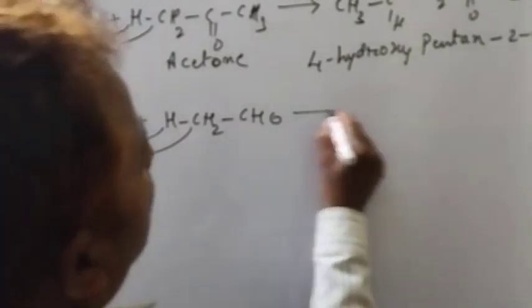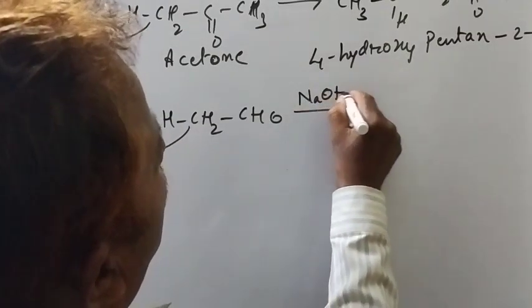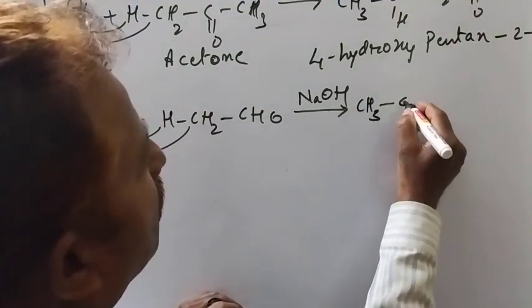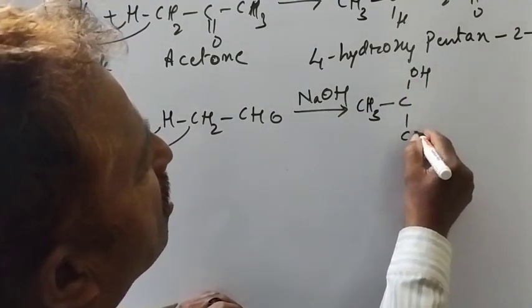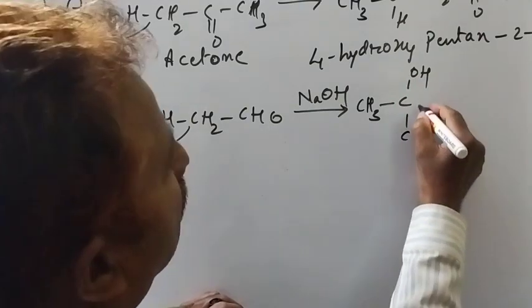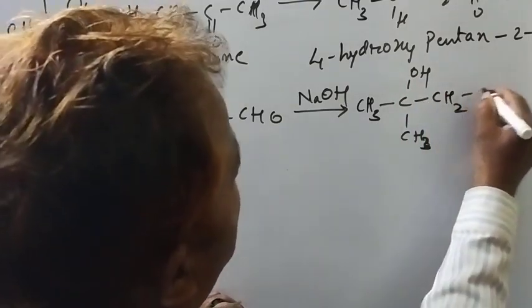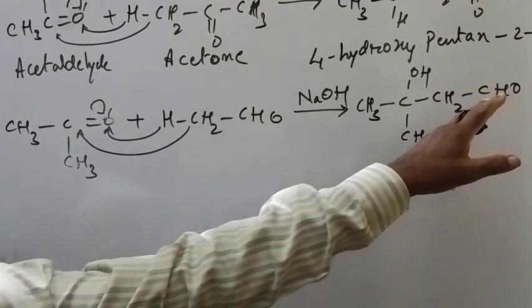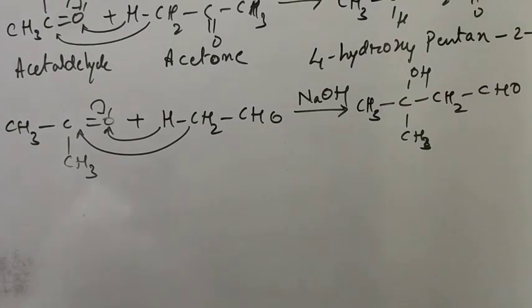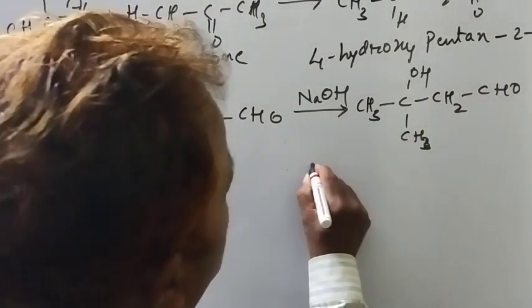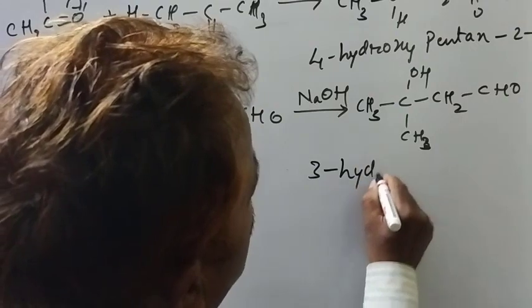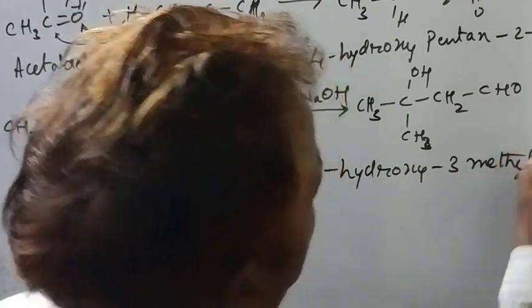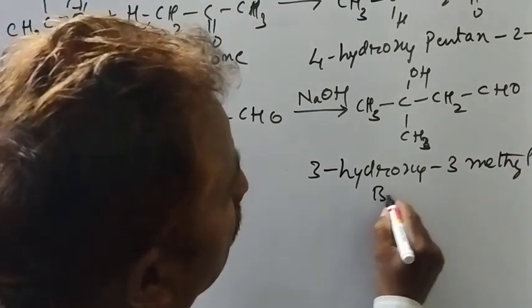Therefore in the presence of dilute alkali we get CH3 C OH CH3, CH2, CHO. Now what is the name of this substance? This is butanal. Only 4 carbon atoms are there in the long chain. Therefore this is 3-hydroxy-3-methylbutanal.